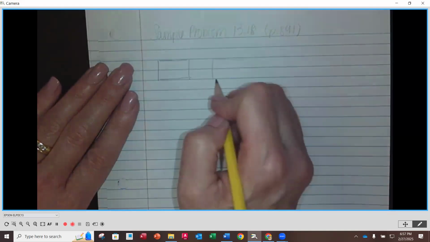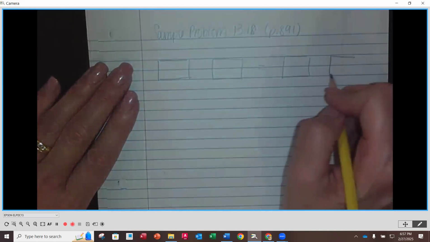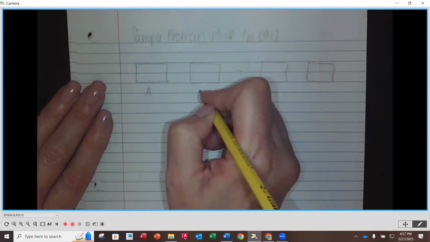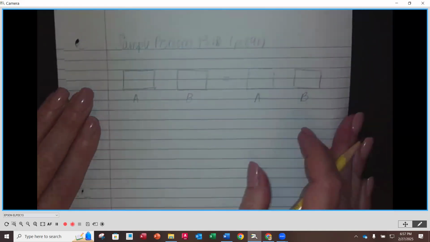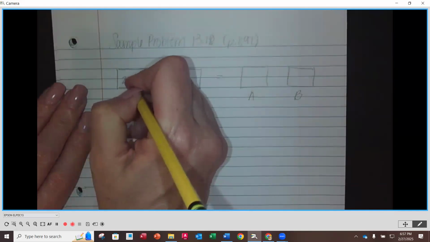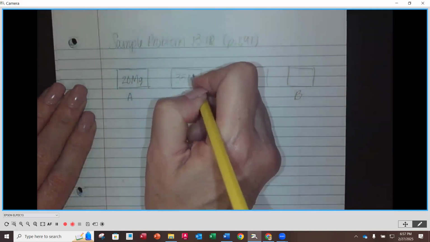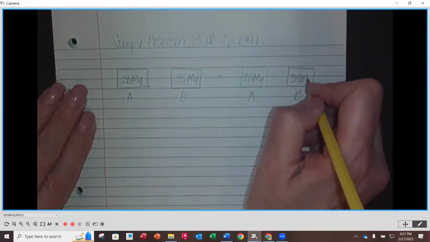So I'm going to draw an A and a B equal to my A and my B, okay? This is going to be A, B, A, B, right? I know that this is 20 megagrams. This is 35 megagrams. And then on the other side, it's going to be 20 again and 35.